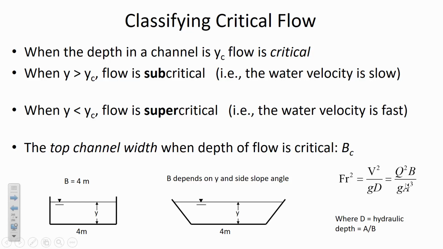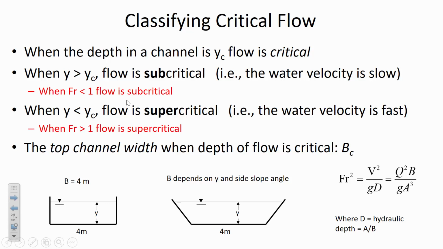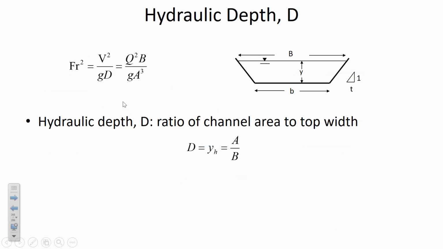So if you wanted to find Froude, you'd take the square root of the right-hand side of the equation. The flow regime criteria that you applied before is when the Froude number is less than 1, it's subcritical conditions, and when the Froude number is greater than 1, it's supercritical, and if it's exactly equal to 1, then that just means that it's critical flow. So those are the flow regimes.